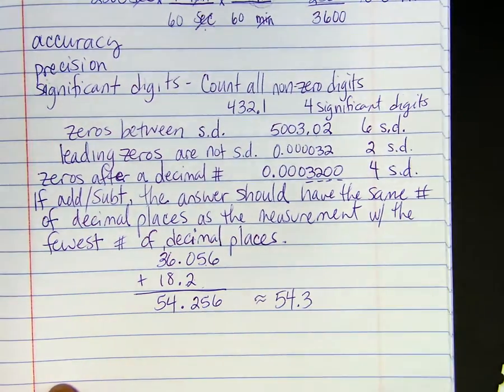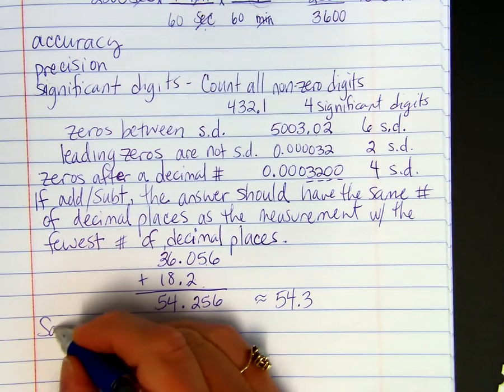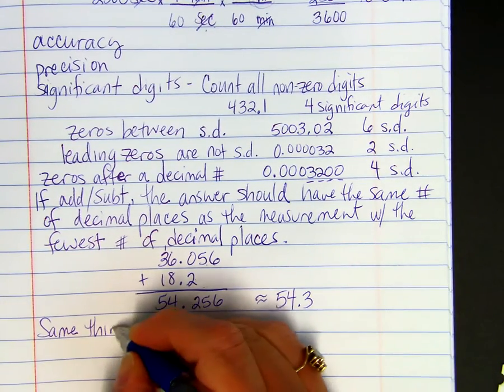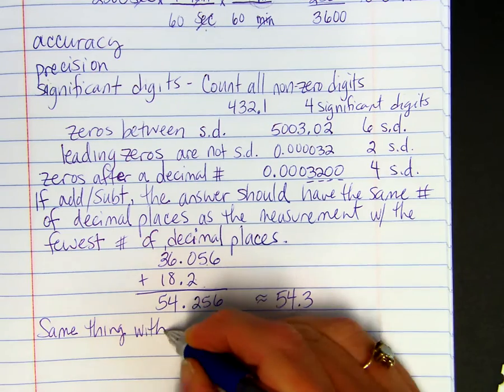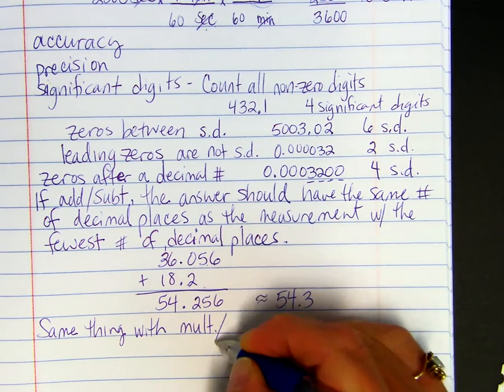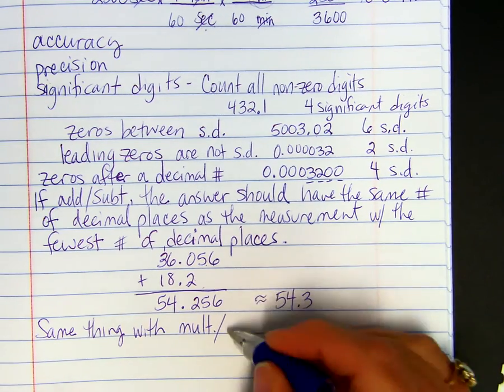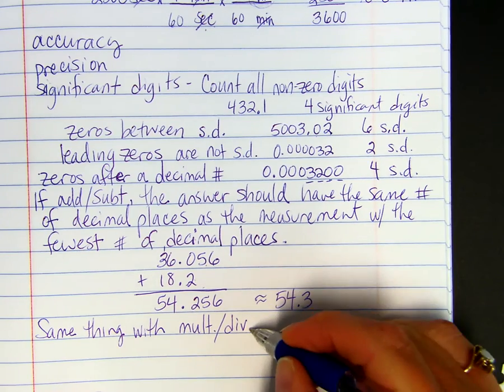What about multiplying or dividing? It's the same thing except it's not. You're not looking at decimal places, you're looking at significant digits.